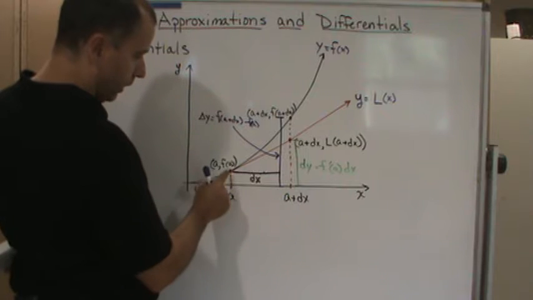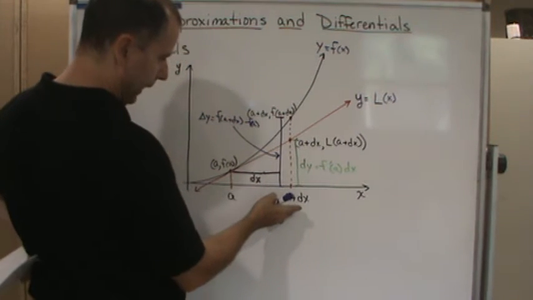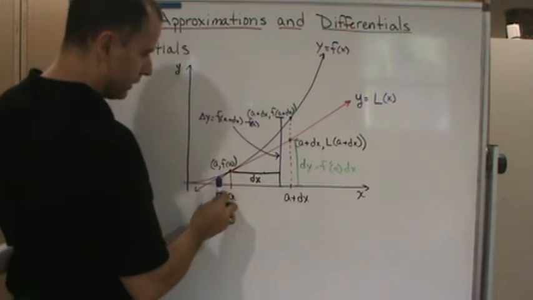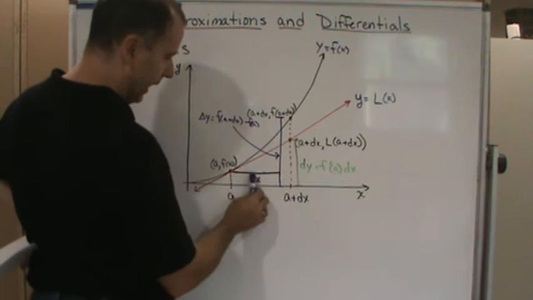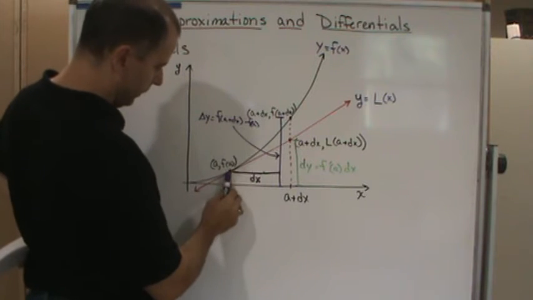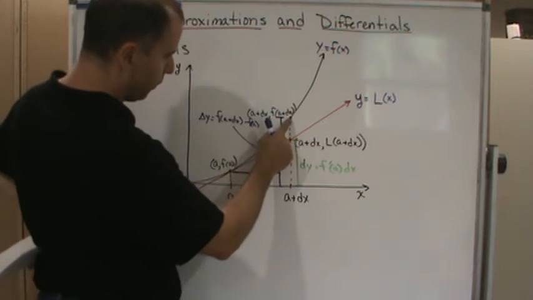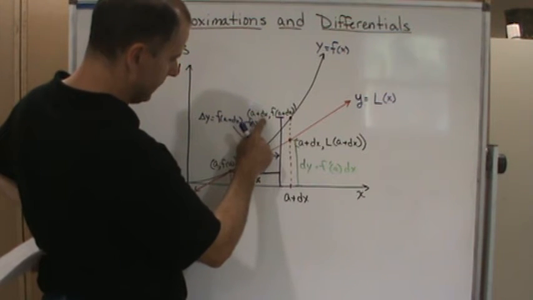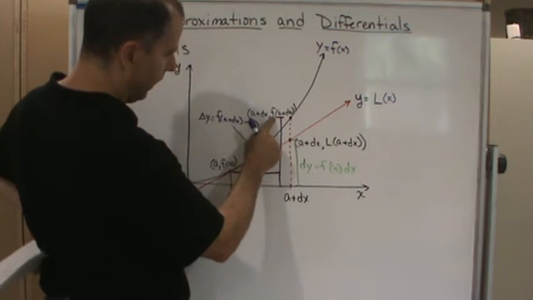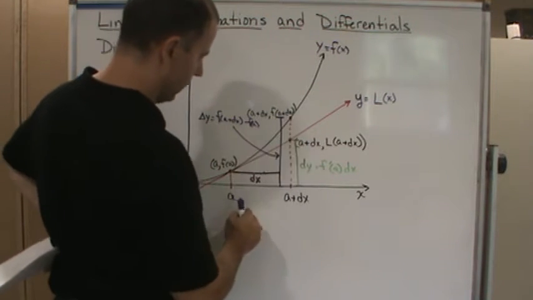Now, if we go a small distance from a, this point is a, f of a. This point over here is a plus dx, comma, f of a plus dx. So that represents this point on the line.